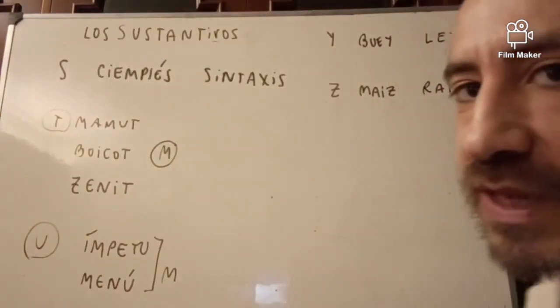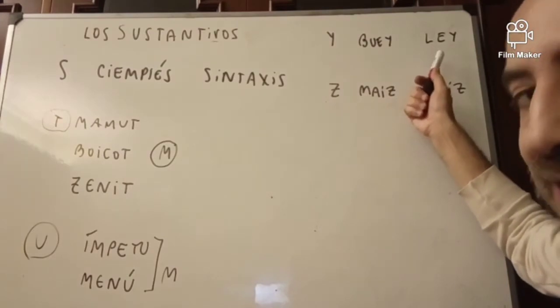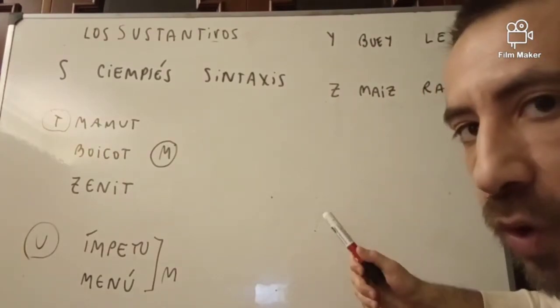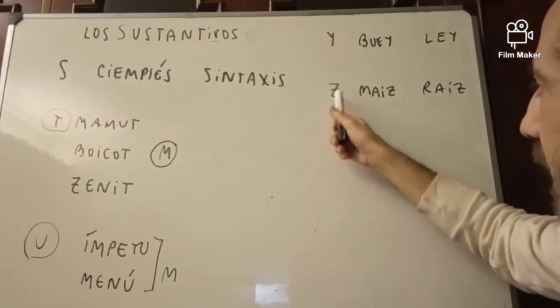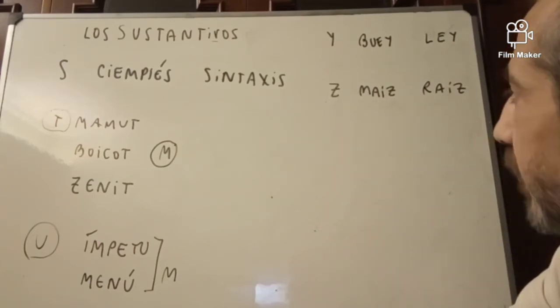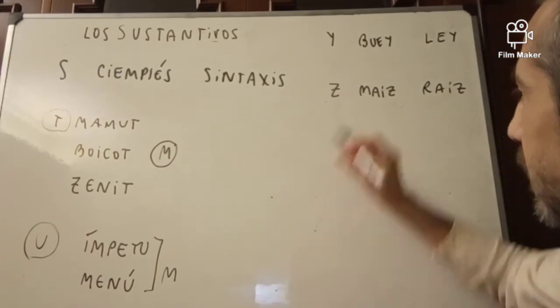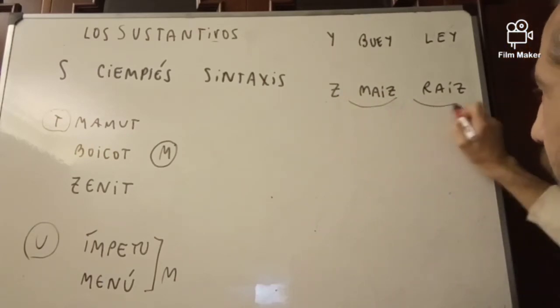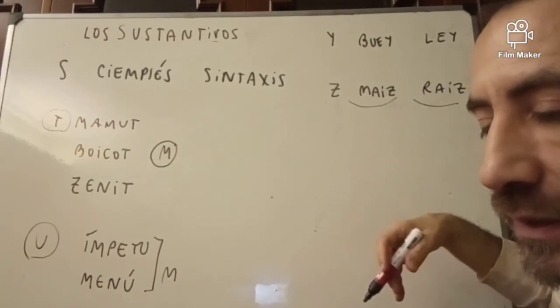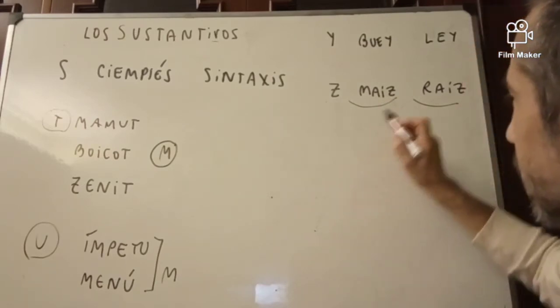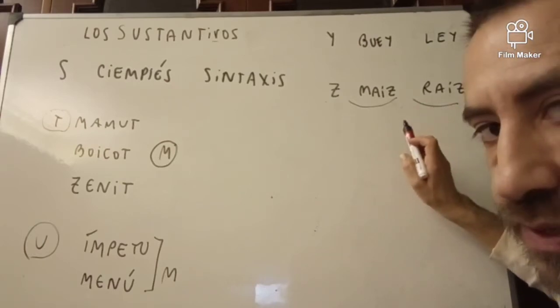The ox, el buey. La ley, it's feminine, the law. Ending with z, we have a lot of nouns. This is masculine and this is feminine. El maíz, the corn, as in popcorn. La raíz, the root.